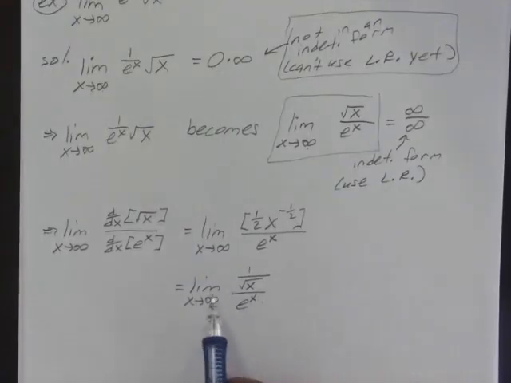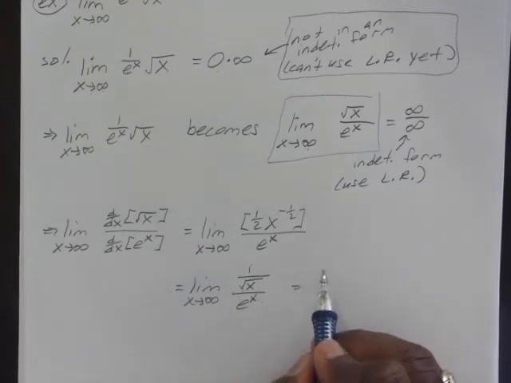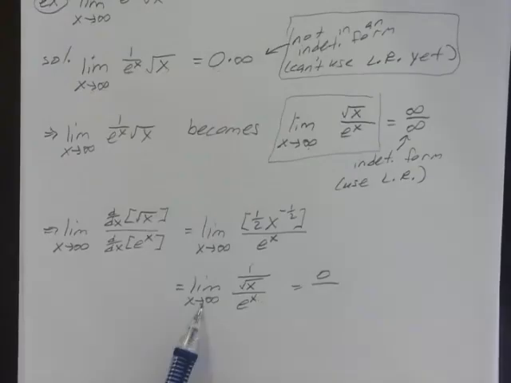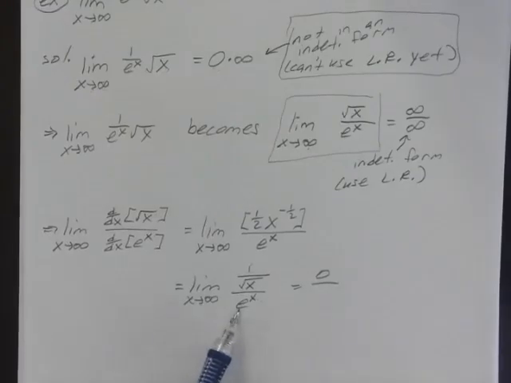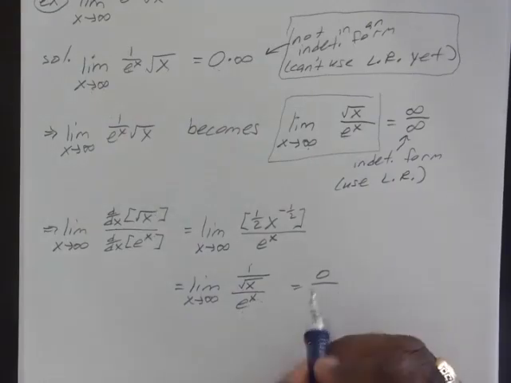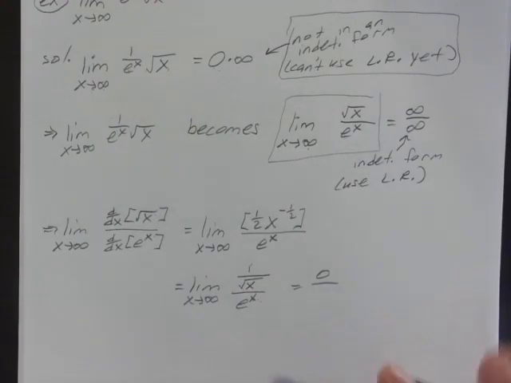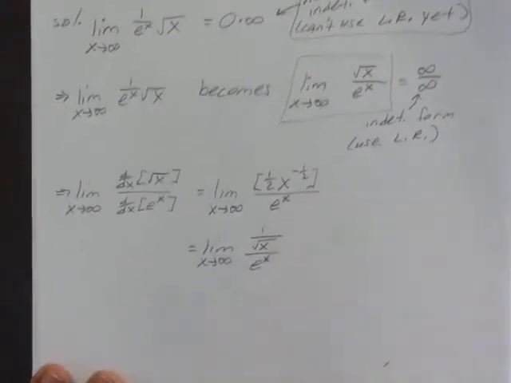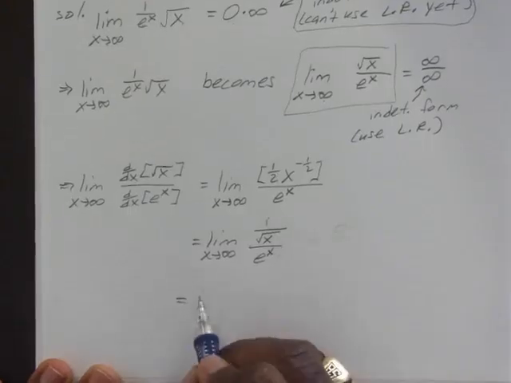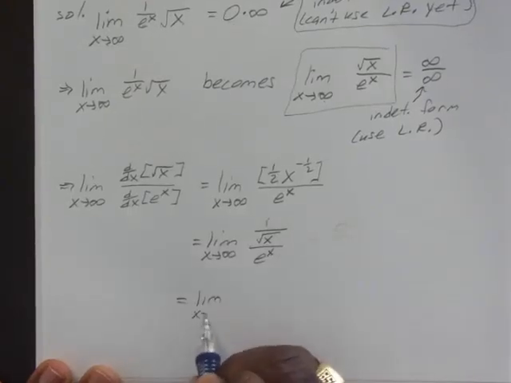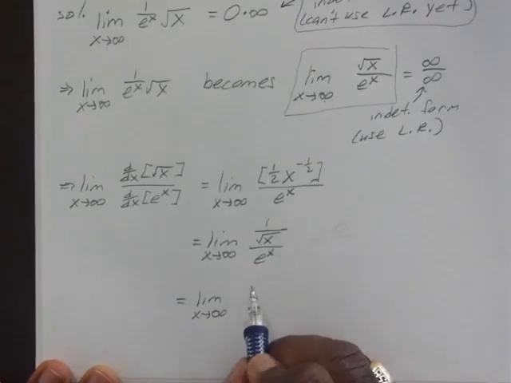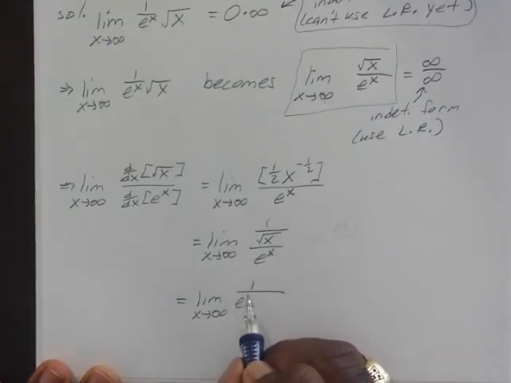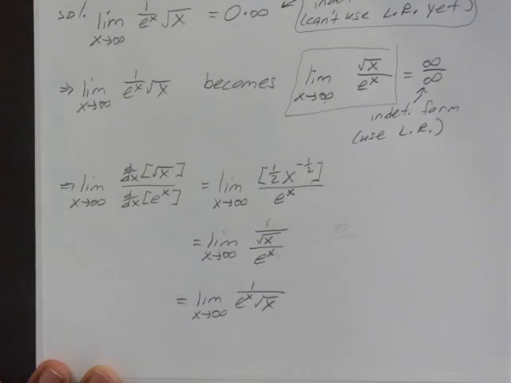If you take 1 divided by a number getting bigger and bigger, that's eventually going to approach 0, divided by the limit of e to the power of a number getting bigger and bigger. And that's growing, so we know that we can just take the limit of the whole thing to simplify it. Here, the limit as x approaches infinity of 1 over e to the power of x times square root of x.